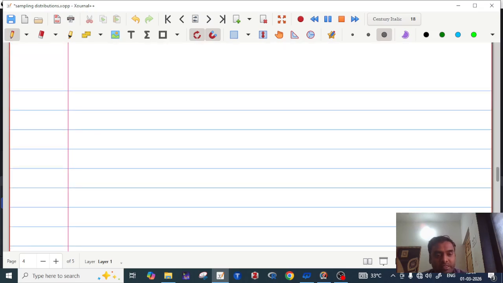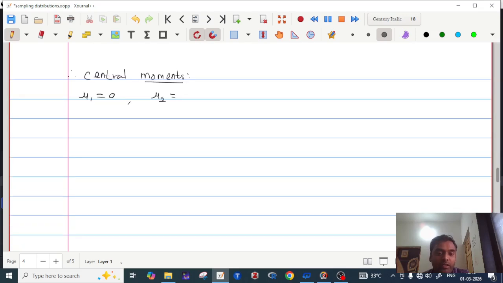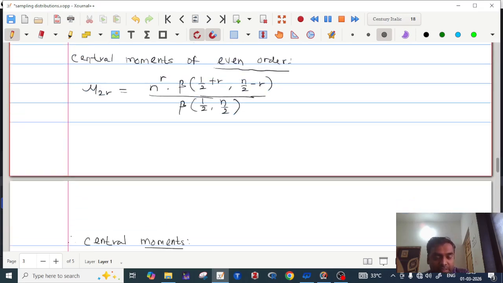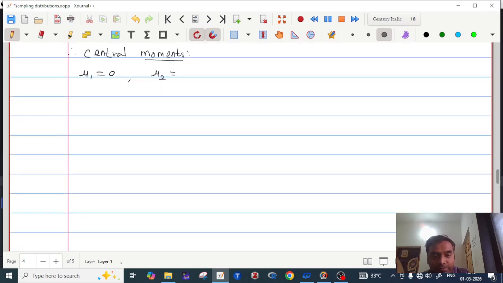So the central moments are: mu 1 is 0. Mu 2: if you put r equal to 1 in the above formula, you will get the variance, which is n upon n minus 2.